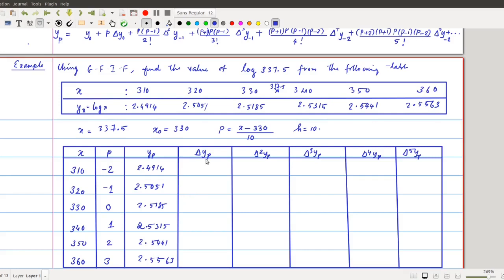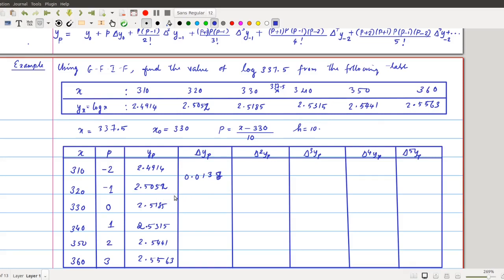Now the delta y_p. Delta y_p is the forward difference, this minus this. So 2.5051 minus this is equal to 0.0137.